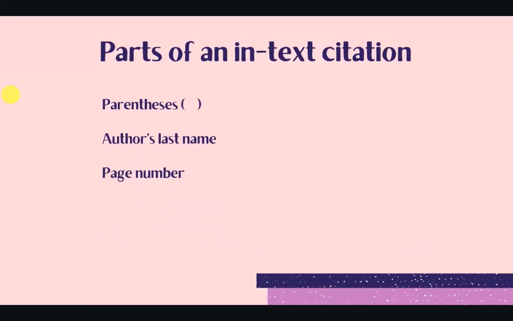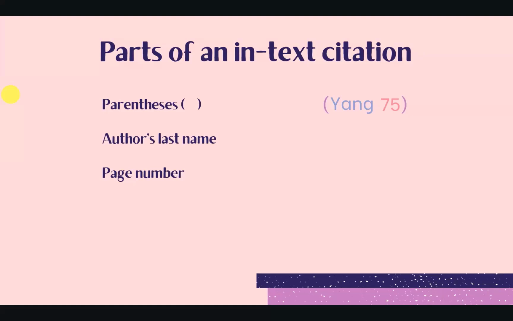So here are the parts of an in-text citation. We have parentheses. You have to open and close your parentheses. We have the author's last name. Here is an example of the last name Yang. And you have to put the page number, page 75. That is it.